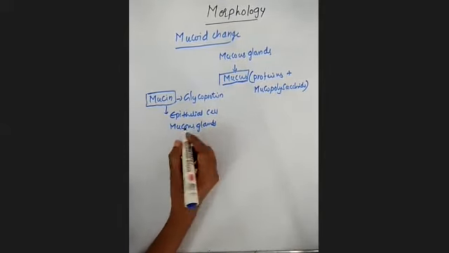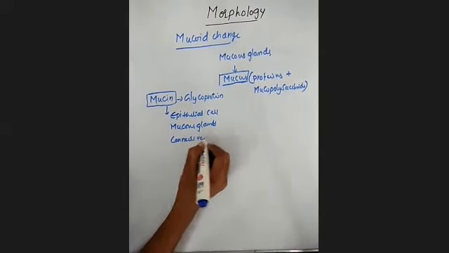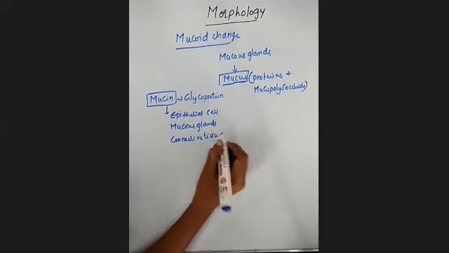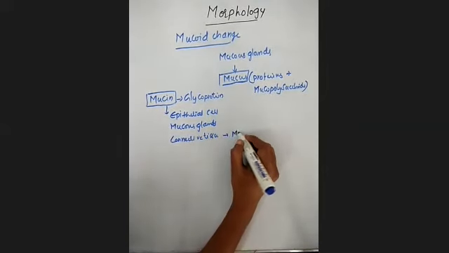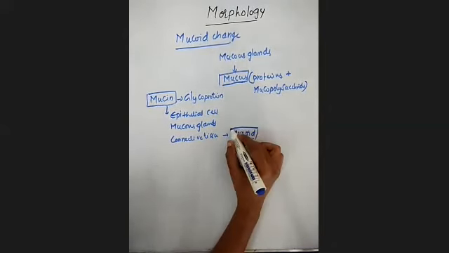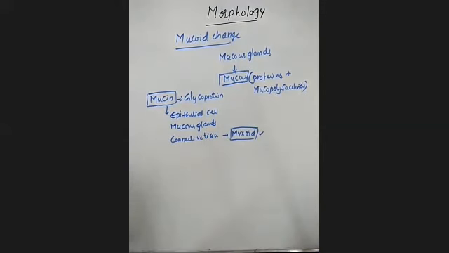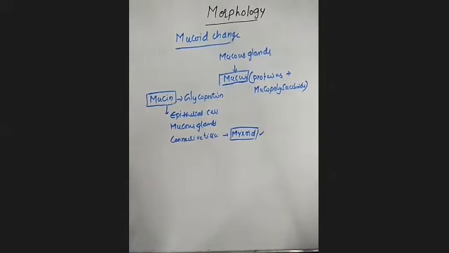It can also be produced from some connective tissue. If the mucin is produced from the connective tissue, you will call it myxoid. Remember this terminology: myxoid means whenever the mucin is secreted from the connective tissue.